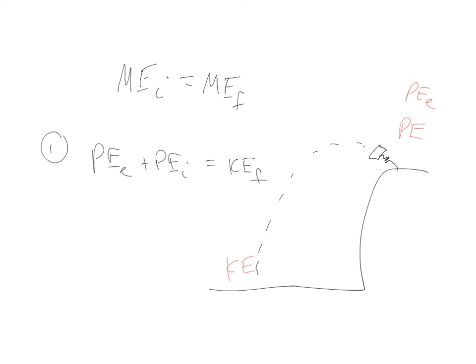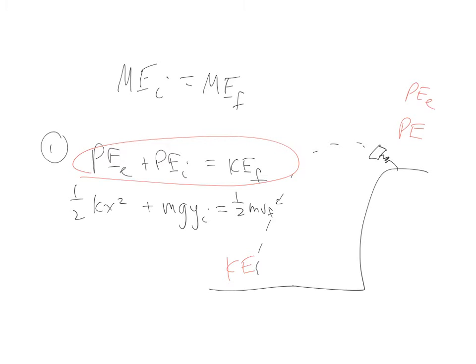Once you do this, all it is algebra. Substitute in the equation. Potential energy elastic, 1/2 kx squared. Potential energy due to height, mgy. Kinetic energy, 1/2 mv squared. These are on your formula sheet. If you could get to this line, you should get every problem right.